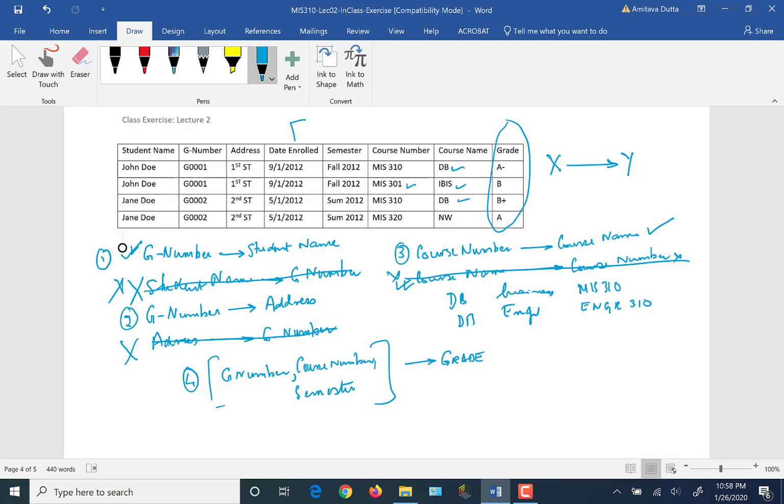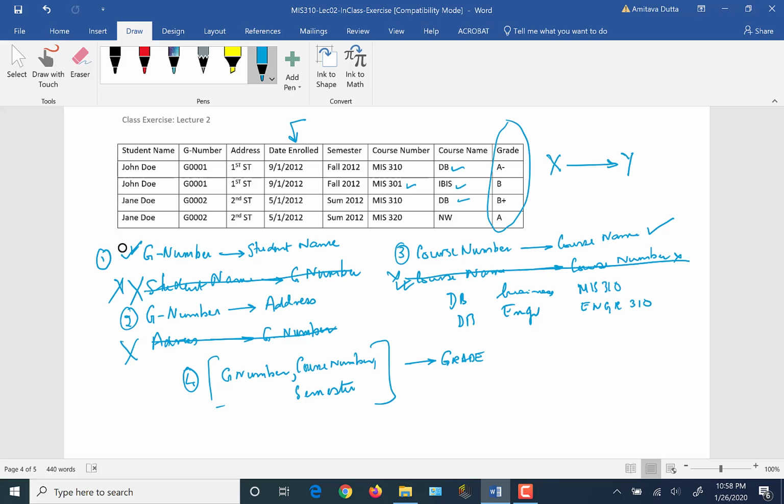So date enrolled, for example. Again, I don't know this for sure. Typically a student enrolls in the program on a particular date. So I'm assuming that if I know the G number, I know the date on which they enrolled.